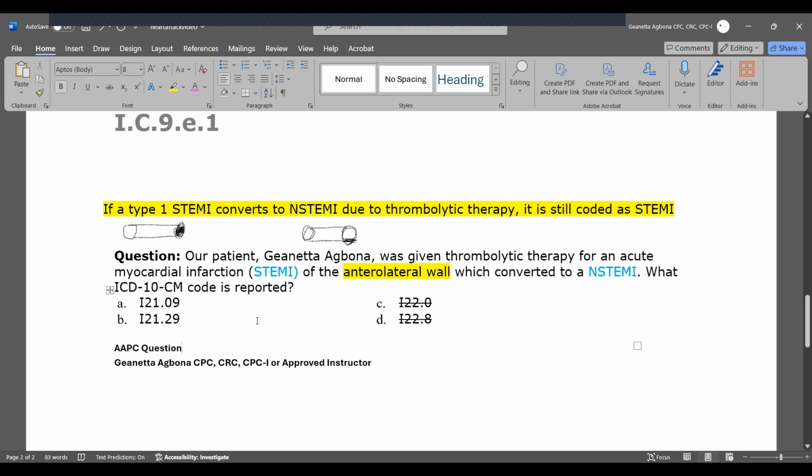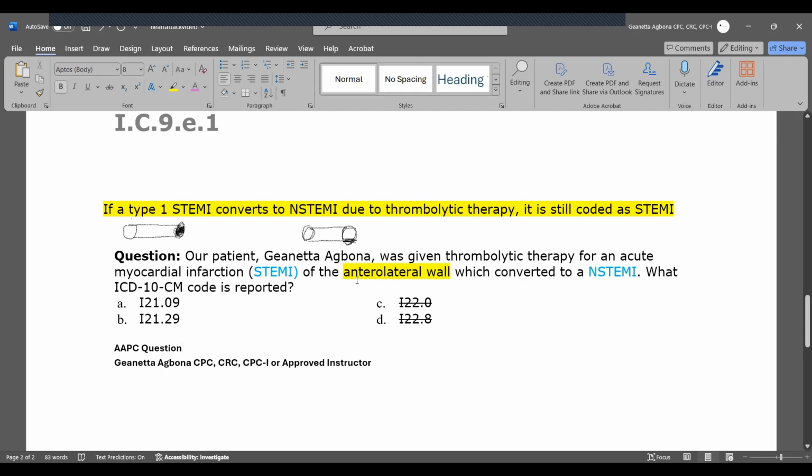So really, the answer is going to be between A and B. We know that it's a STEMI that converted, and we know that the patient was given therapy. So even though it ended up being an NSTEMI, according to this guideline, even if a STEMI converts, it's still coded as a STEMI. So we know we need a STEMI code.